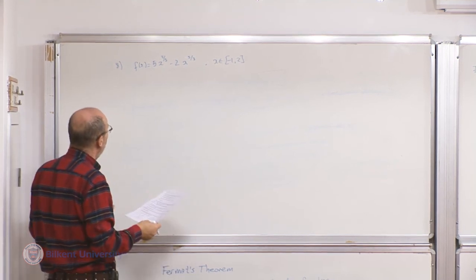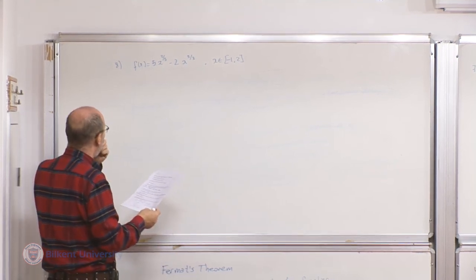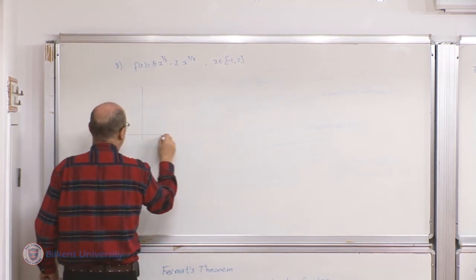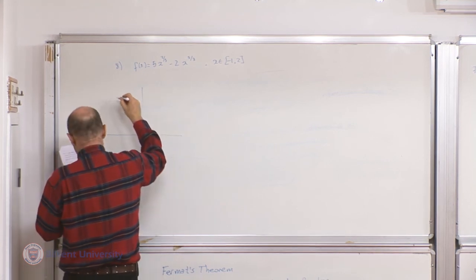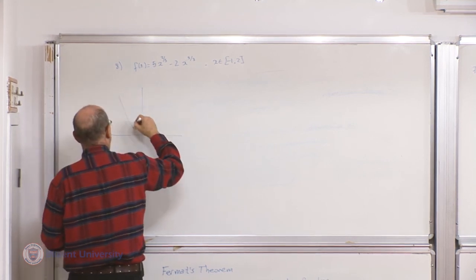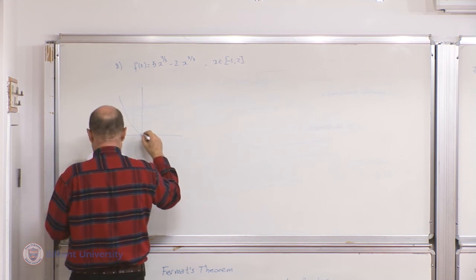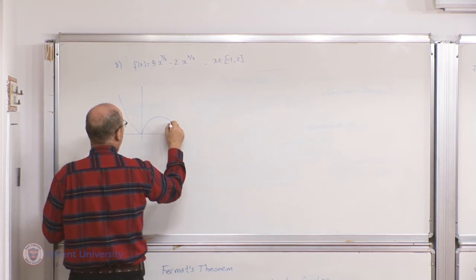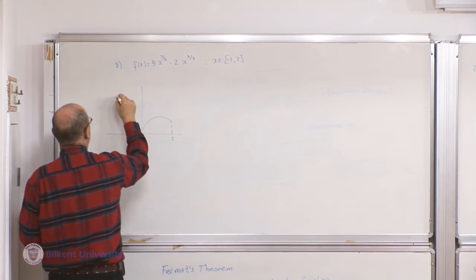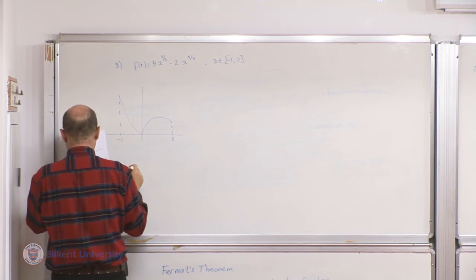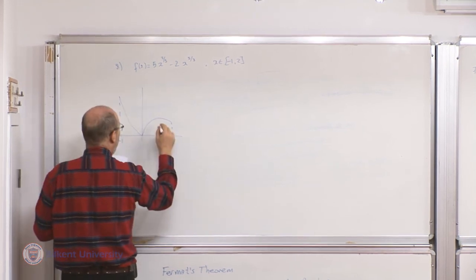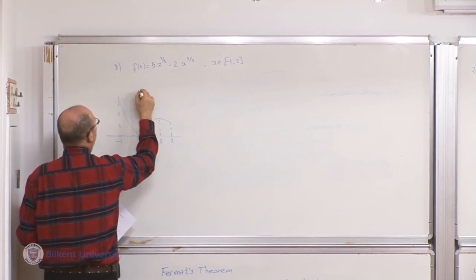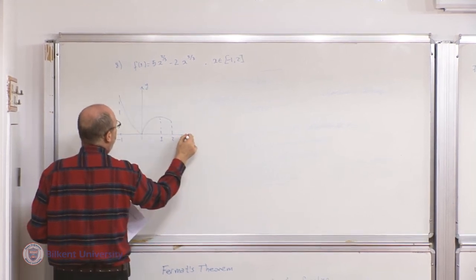Now, if you want to plot this, this is the graph. It comes down like this, and then it goes like this. This is 2, this is minus 1. And at this point, we will have the tangent line horizontal.